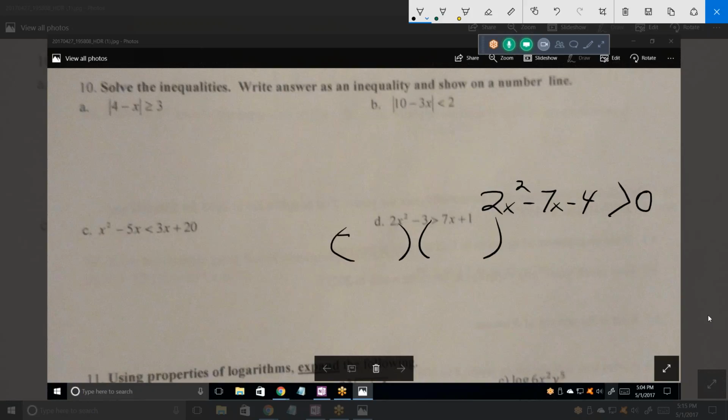I'm assuming it factors, which means it's got to be 2x and x. 2x plus 1, x minus 4. Well, it's definitely plus 1, but it's minus 4. Remember, the signs have to be opposite, and I've got to produce a minus 7x in the middle. And I only do it with this combination.